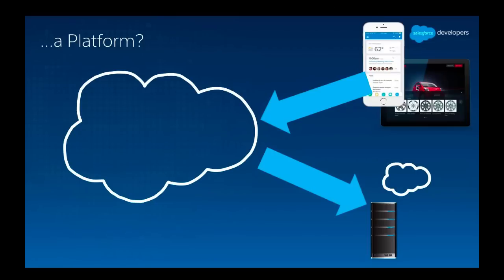It's great if we can build those apps, but if we can't get other apps to talk to our platform, and if we can't have other systems talk to our platform, it's not really much of a platform in the context of enterprise software. So integration is the linchpin of almost every project of any size in Salesforce.